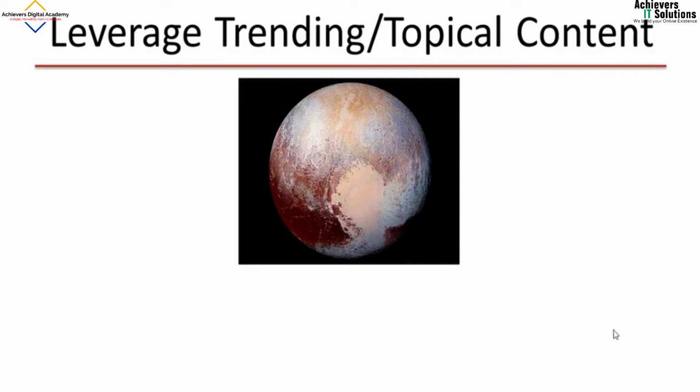So this is a picture of the planet Pluto taken by one of NASA's satellites that flew past it about a year and a half ago. The satellite picture found a heart-shaped formation on Pluto's surface, and this picture of Pluto with this heart-shaped formation went viral on social media channels and platforms.